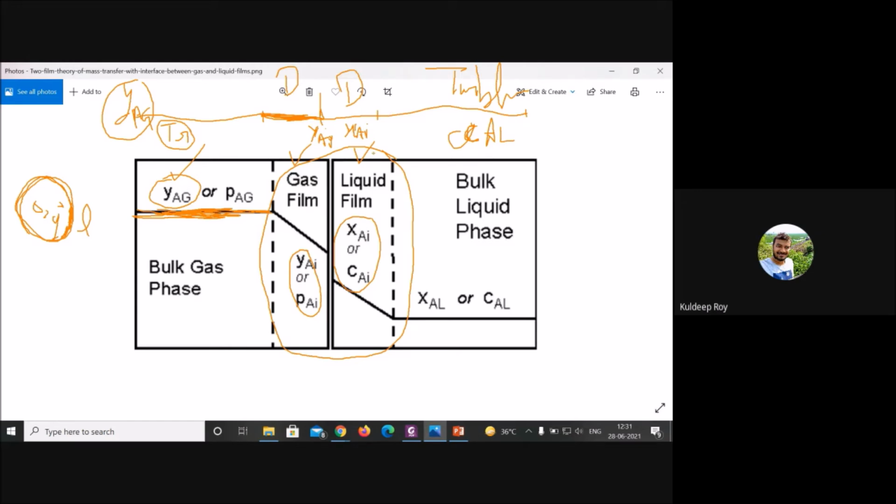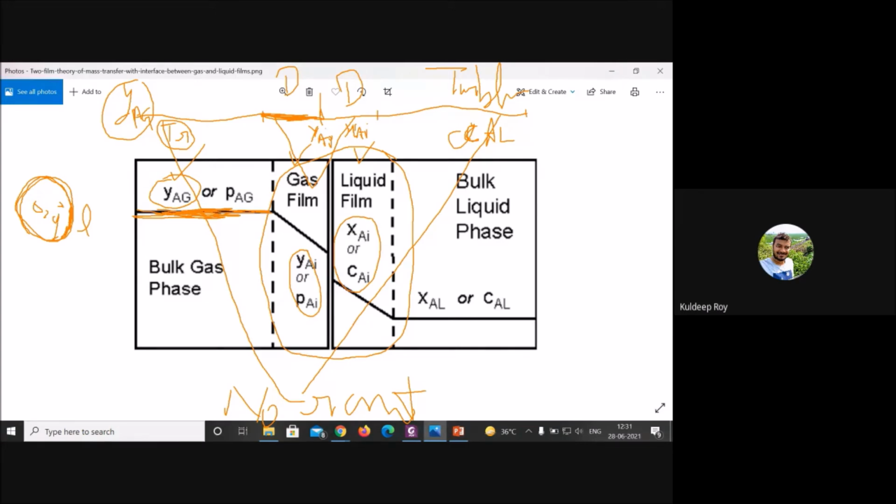Now, if you check at this particular position, this whole region, at your turbulent position, at the liquid, at the gases, there is no resistance. Okay, no resistance, I'm writing no resistance. But at the interface, but at the film, there is, you can say, a little bit of resistance.